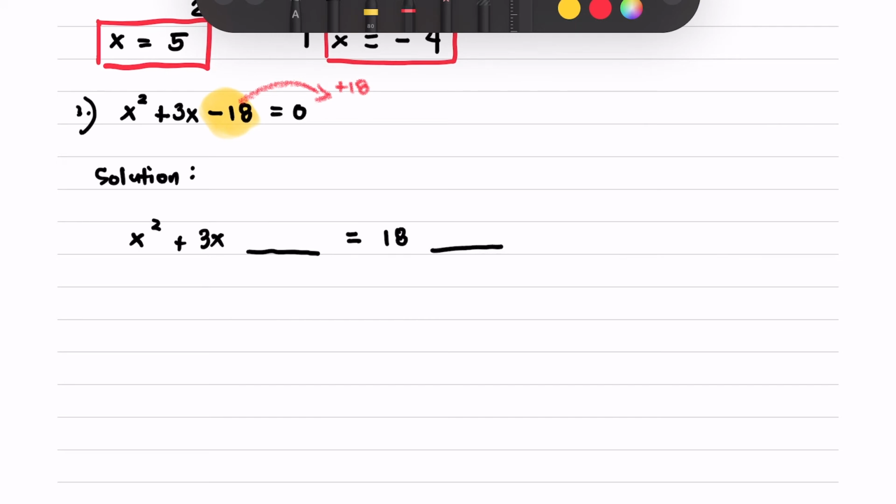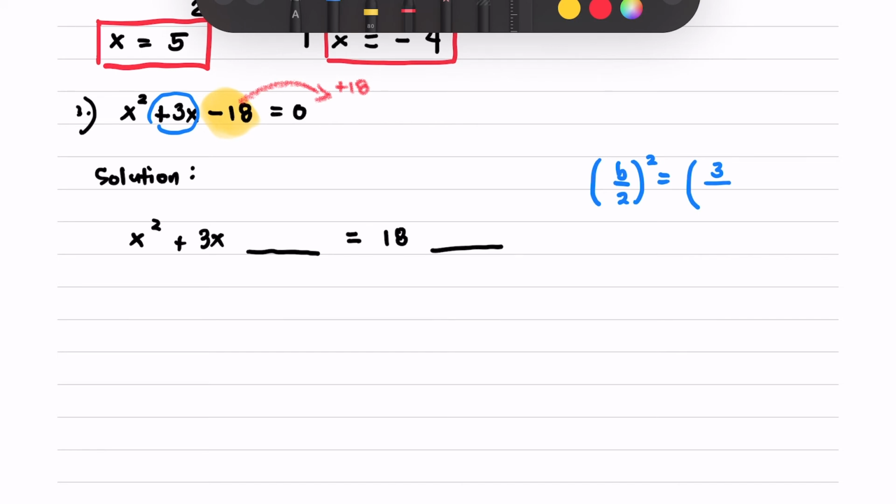And then, lalagay ako ng space here. Okay, next is to find the value of b. So, what's the value of b? Yung value ng b is this one. Okay, yung positive 3. So, the value of b is 3. Positive. So, since positive yan, no need to put yung positive sign. So, that's 3.